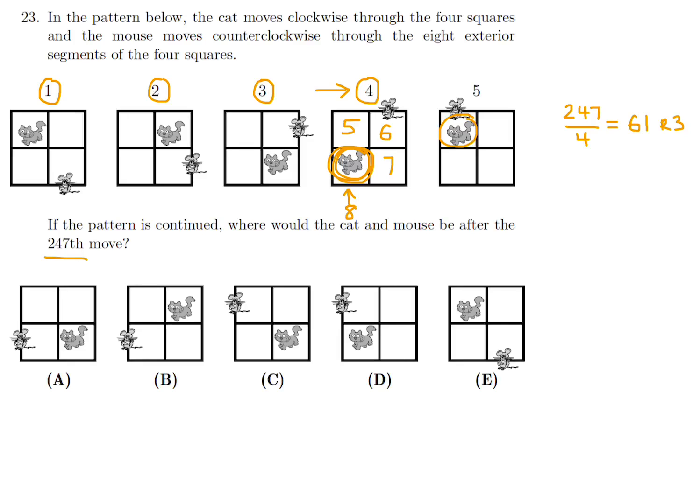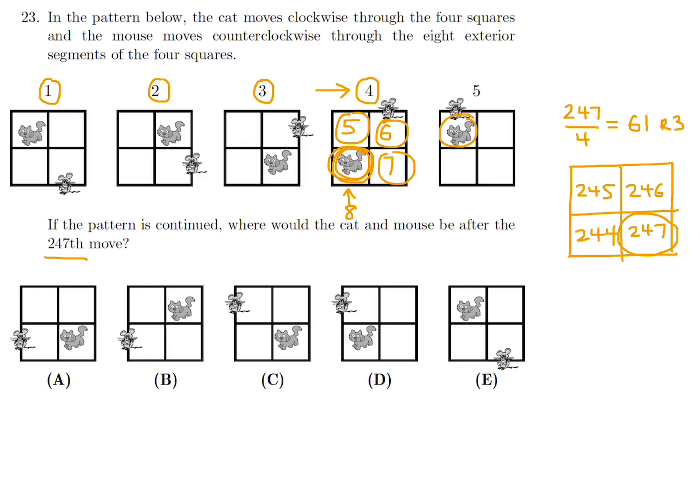So another move here, another move here, another move here. So if I were to write that in a little box, the 244th move, we'd end up here, right? Because that's a multiple of 4. This is the 245th, 246th, and then 247th. So the cat is going to be there in the 247th move.